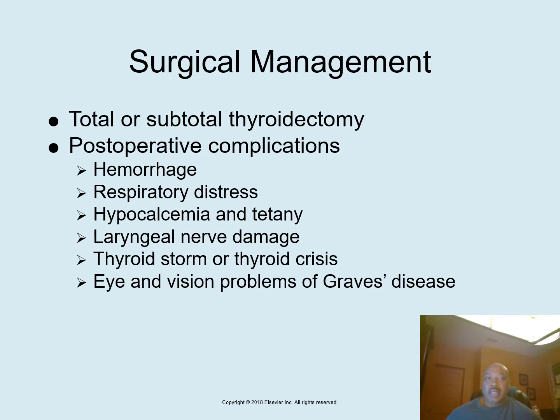Steroids are given to reduce the swelling and to stop the infiltrative process that is happening with the eyes. Other treatments, there may be a combination of steroids as well as radiation. Surgery might be needed to decompress the eyeball to reduce loss of sight or damage to the eyeballs.